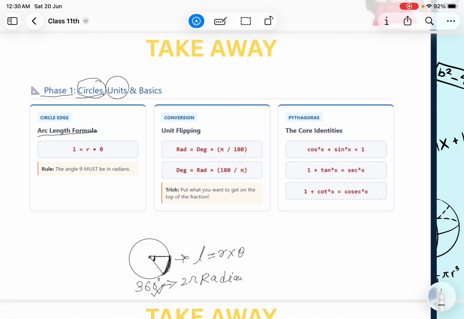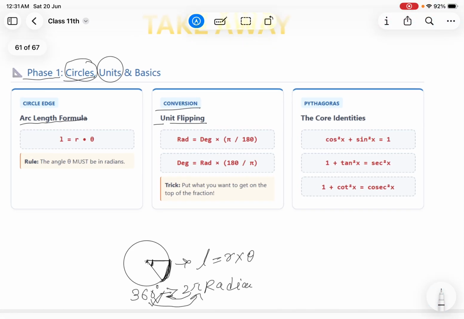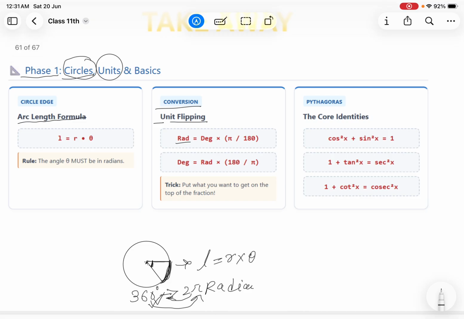Next, we understood the conversion, unit flipping, how we can flip degree to radian and radian to degree. If we have anything given in degrees and we want to convert it to radians, we multiply by pi by 180.